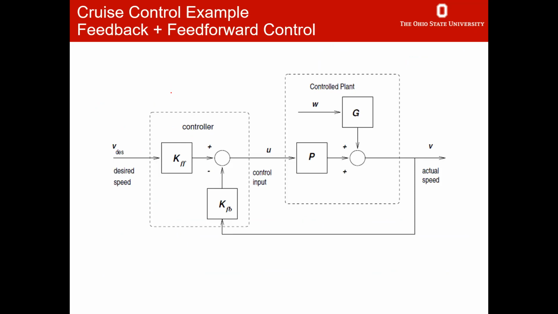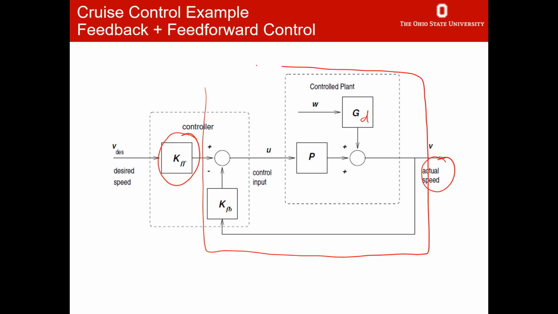Now here's a control system. This could be the cruise control system because I'm talking about speed. Okay. This is my disturbance. And in some cases, I can use what I call a feed-forward controller. Feed-forward because this is outside my main feedback loop.